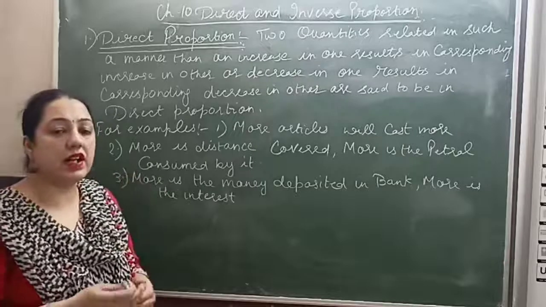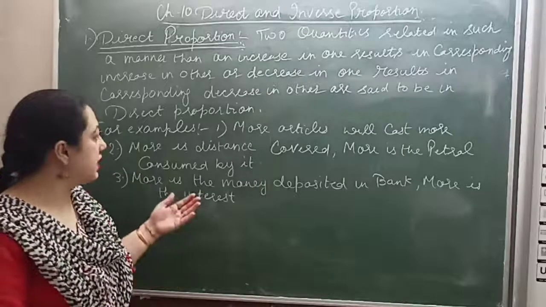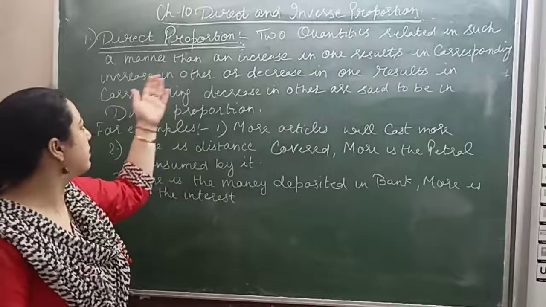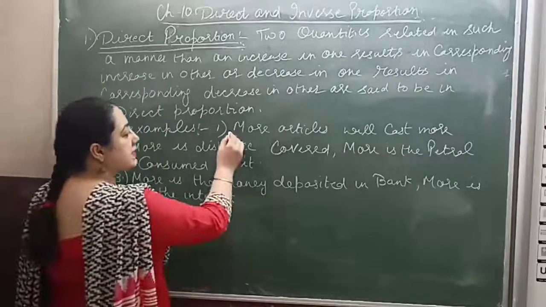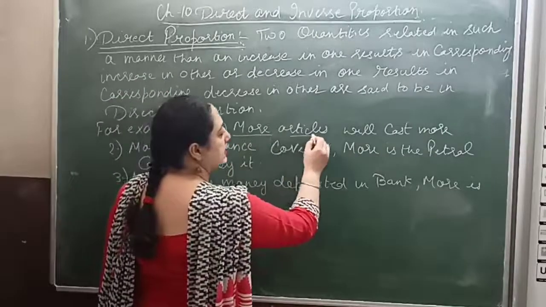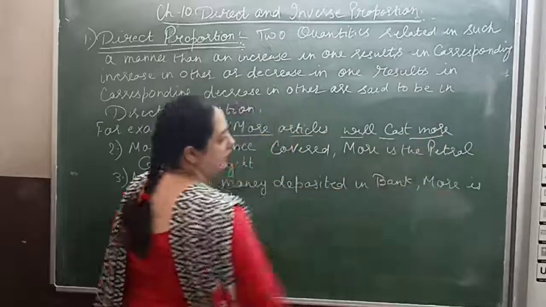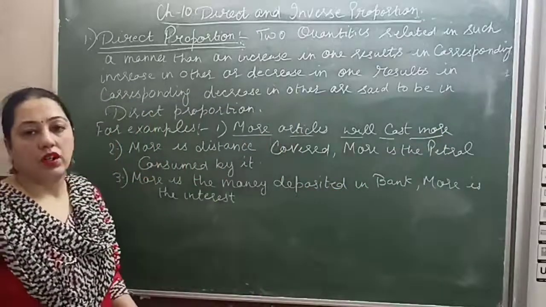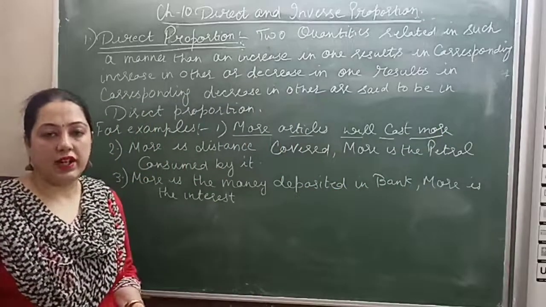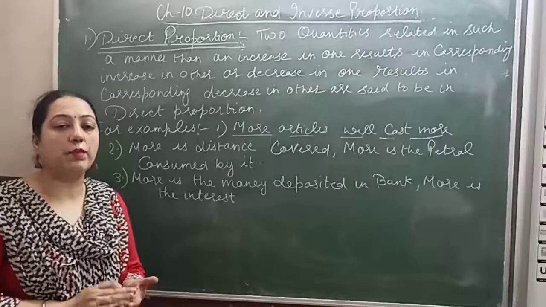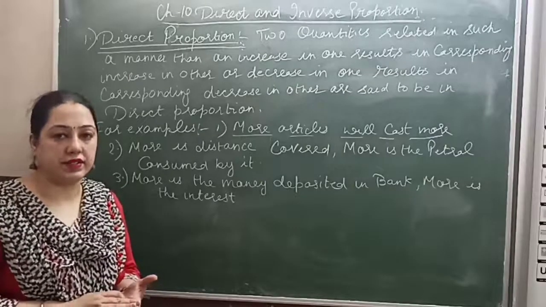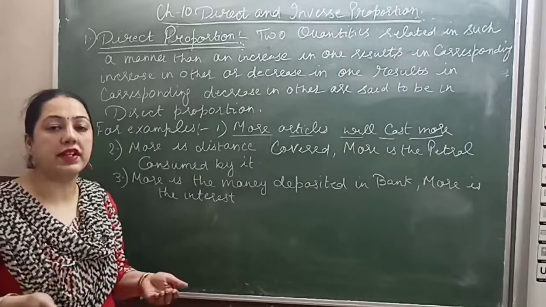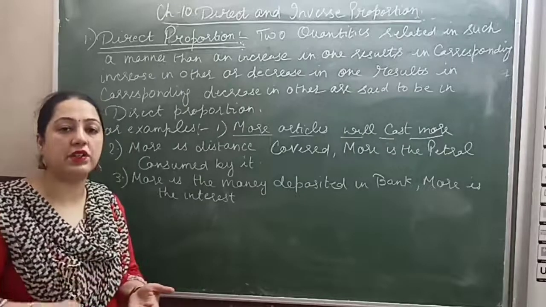In our daily life, there are so many situations which are based on direct proportion. The first example is: more articles will cost more. For example, if you buy some pens, and the cost of one pen is 10 rupees, and you have to buy 10 pens, then you multiply 10 into 10.